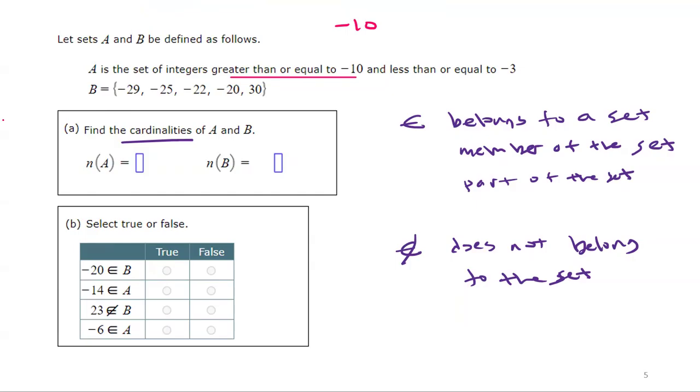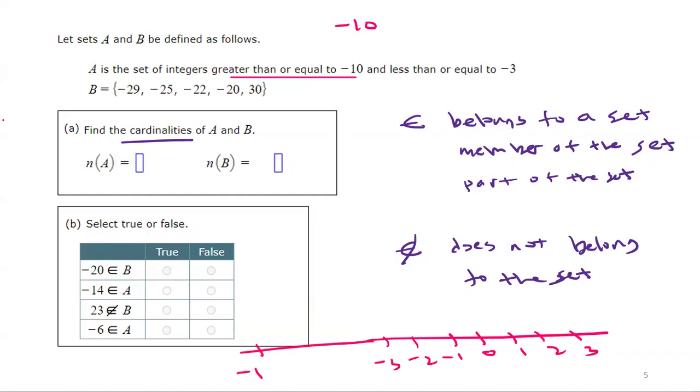So remember the number line, right? You have a number line, there's 0 here. And then to the right, you have positive numbers, correct? And then to the left of that, you have negative numbers. So it's telling us that -10 is way out here. So we're going to go greater than or equal to -10.